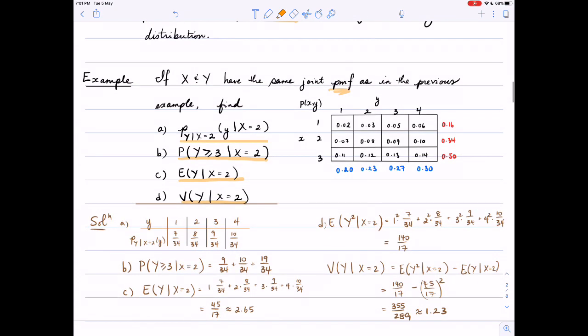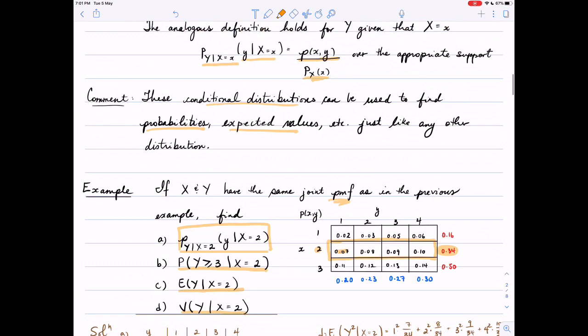So this is the new mass function that we want, the probability P sub y given x equals 2. Well, x equals 2 is this row here, and so we're going to restrict ourselves to this row, and we are looking at each of these values divided by the total.